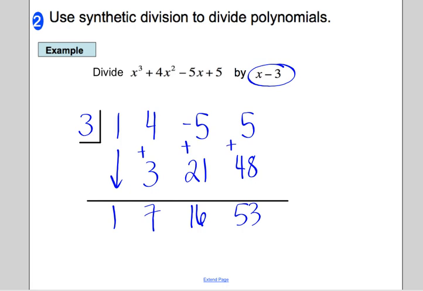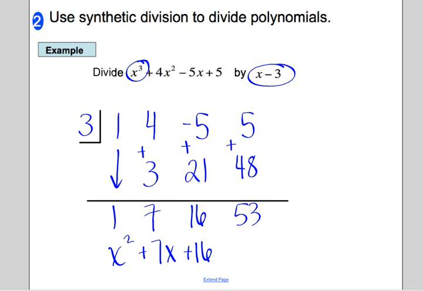To get our final answer for our division question, we're going to take the x cubed, and we're going to drop the exponent down by 1. So we're going to have an x squared now, and its coefficient will be 1. So we get 1x squared, and now we just list them out, and we just keep dropping the exponent down 1. 7x plus 16. I don't really know what to do with the 53. This is what we call the remainder.